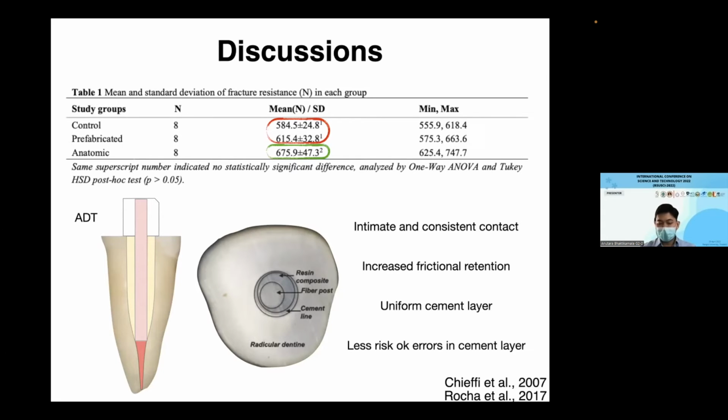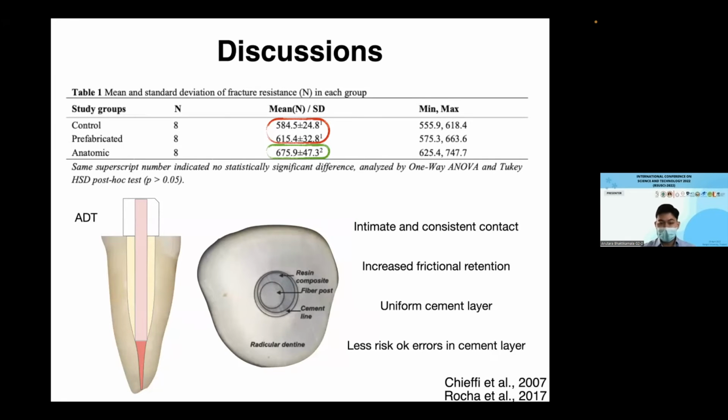This close contact contributes to improved frictional retention, which could help provide stability of the restoration under occlusal loading. Together with the similar modulus of elasticity of the materials used in this restoration, it results in a more uniform stress distribution throughout the post and dentine complex.